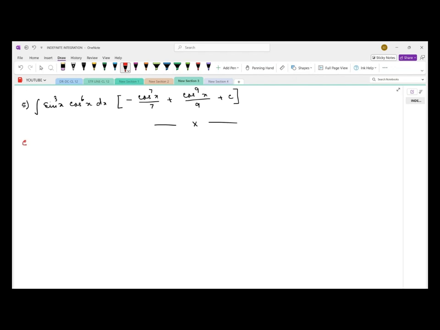Now, a few other types of sums that involve tan and cot.